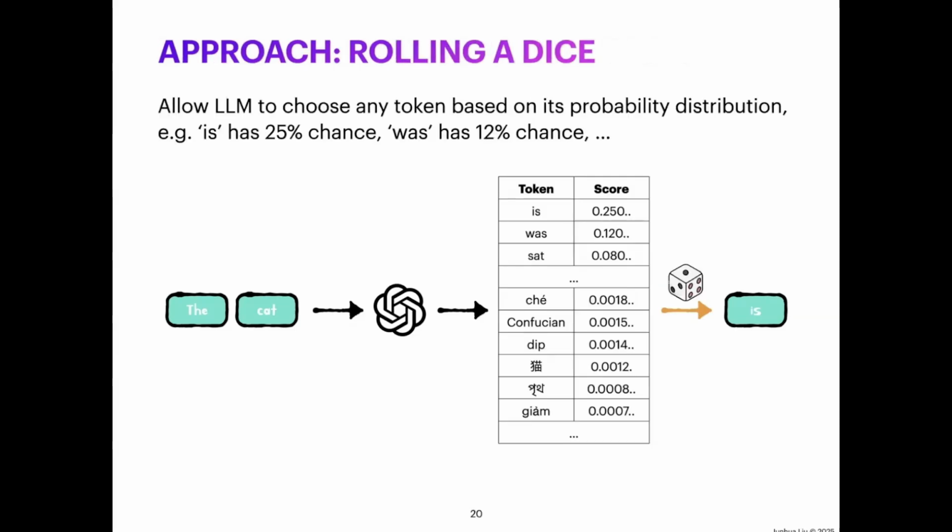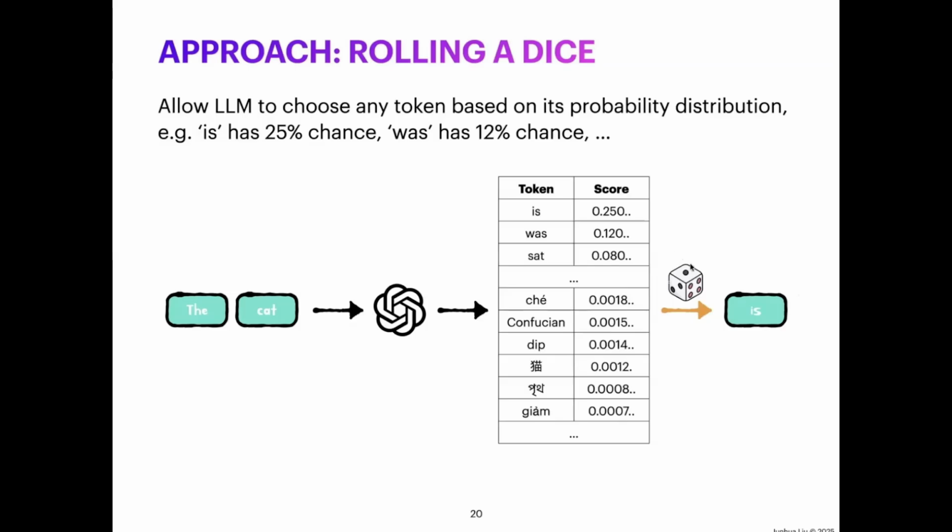But oftentimes we don't do that, because the most likely next token does not necessarily reflect what the user actually wants. So our models, the large language model apps, tend to use a different scheme to do the generation.